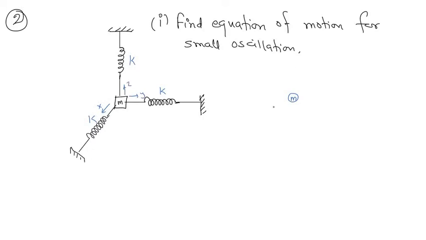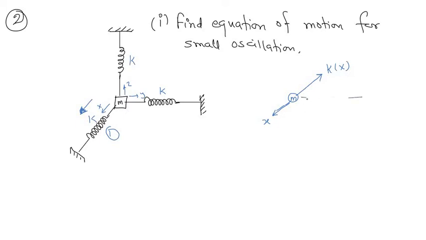If I displace this mass m in the x direction, then the force of this spring 1 will be in this direction, that is k times x, because if I stretch this block M in this direction, then it will be a compression. If I stretch in the opposite direction, then it will be an elongation. So spring force is basically k times elongation or compression.